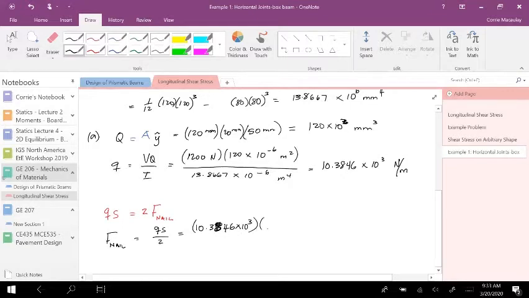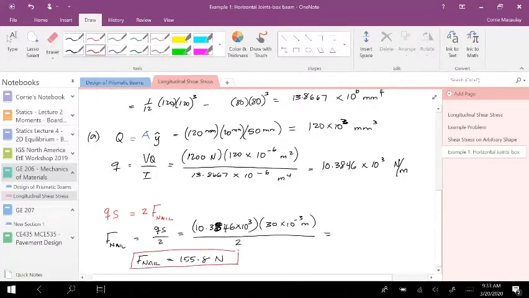Our spacing was 30 millimeters, so that should be 30 times 10 to the minus 3 meters over 2. All right, so if we actually go through this, we should get F nail equals 155.8 meters.